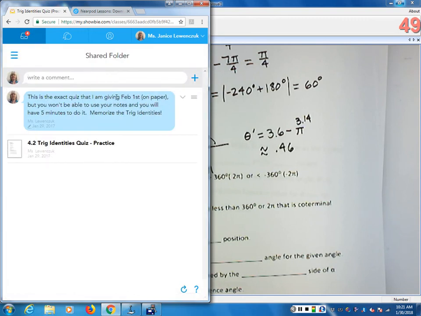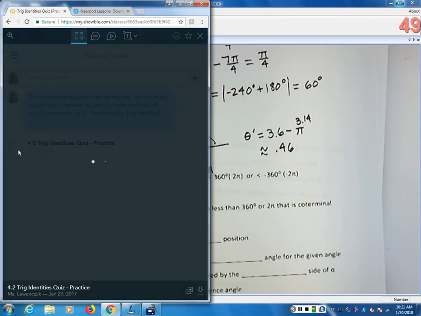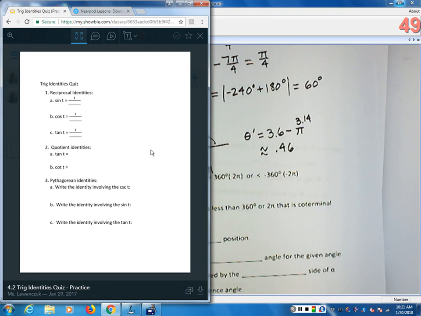This is what it looks like. It's exactly like that. You're going to have about 5 minutes, so you'll have 7.5 minutes to write down that stuff. You're going to have that memorized for next time.